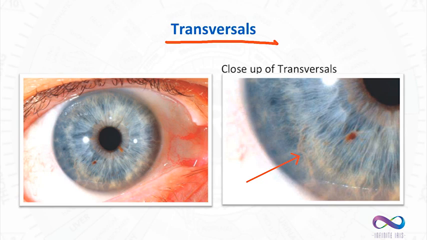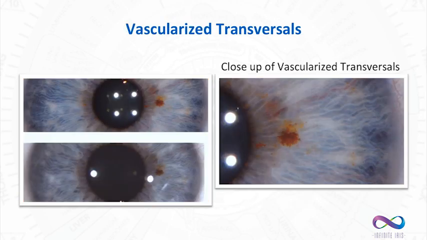The normal radial fibers move all the way out from the pupil border to the iris edge. But transversals go in a diagonal line where the fibers are going askew. And transversals basically mean irritation to that area. There's a potential for pain or discharge or irritation in that area.